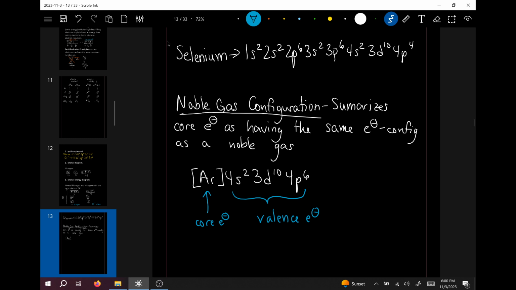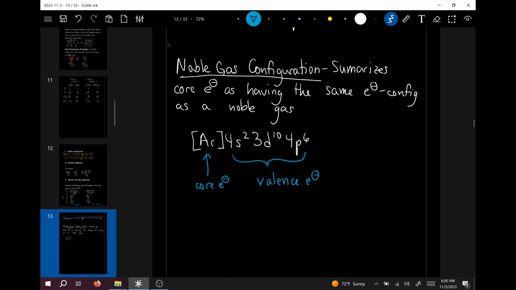A core electron is the lowest energy state electron that does not create bonds. So these are electrons that just chill out. Core electrons, too low in energy, to make bonds.